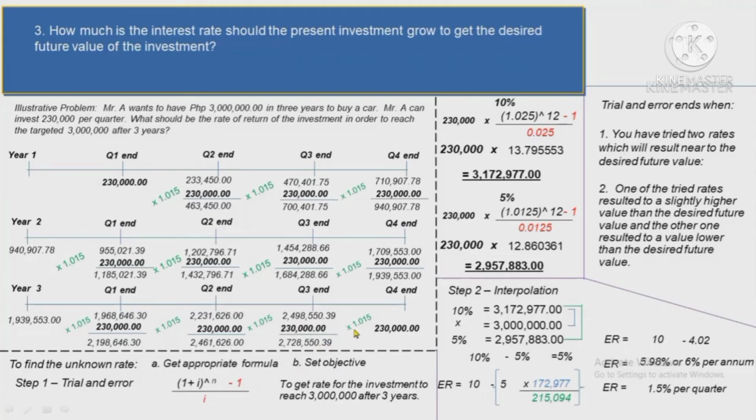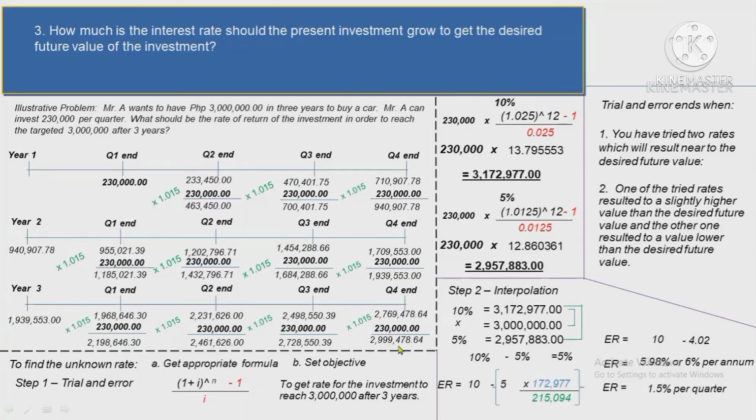And lastly, times 1.015, we're gonna get 2,769,478.64 plus 230,000, that is 2,999,478.64. The value is slightly off, I know, but that is because of rounding of factors.